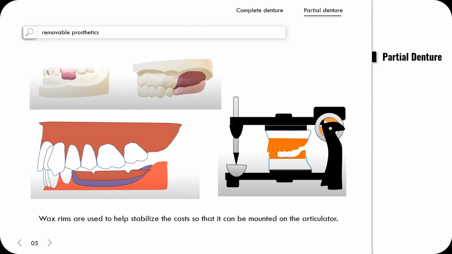The other thing we're going to do in the sim clinic is explore these two concepts. One, our ability to hand articulate. We're going to have a set of models that you're going to try to determine whether you can hand articulate or not. So there'll be a bunch of different clinical scenarios. At the same time, there will be another project where the sim clinic instructors will show you how to construct and use a wax rim so that we can mount the lower jaw accurately to the upper jaw.